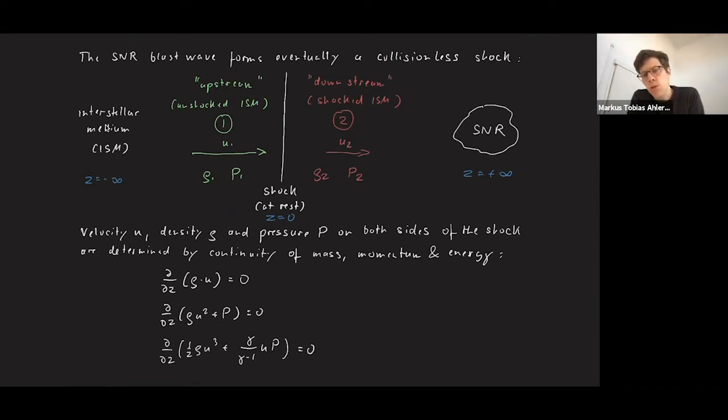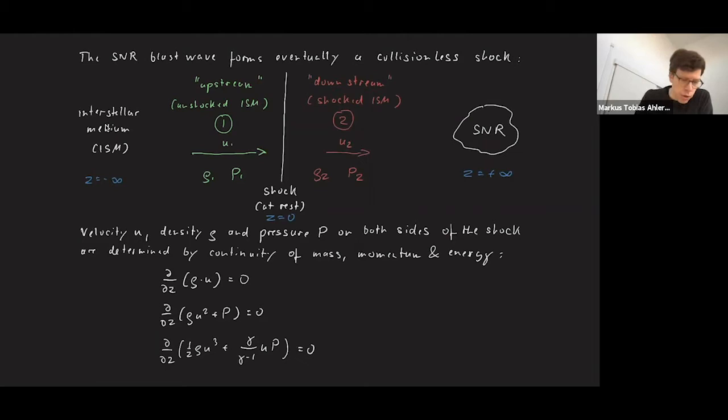The shock is collisionless here, meaning that you do not have intense particle interactions that could be a dissipative term leading to a loss of particles, but instead you have collective interactions of the plasma via magnetic fields. These magnetic fields will form this shock, but particles will not have strong interactions in the shock such that they will lose energy. So this is an ideal environment for cosmic ray acceleration.